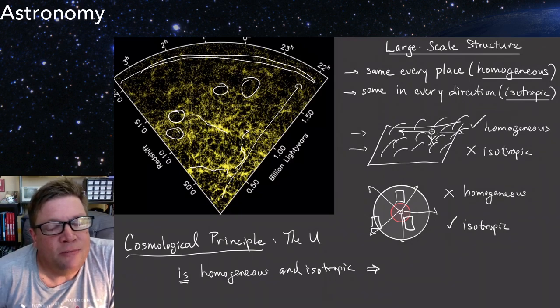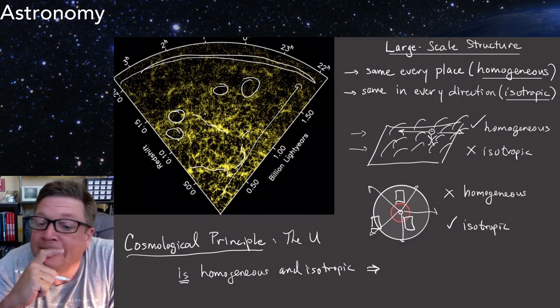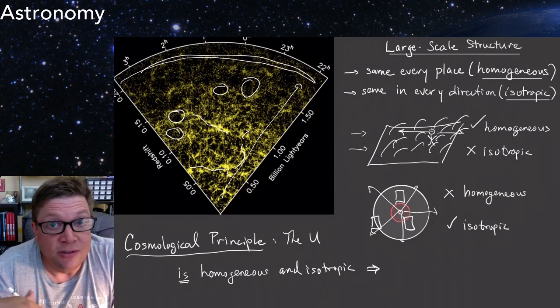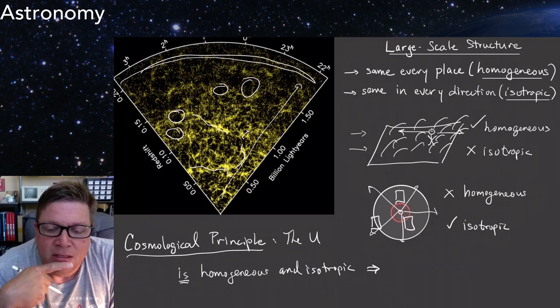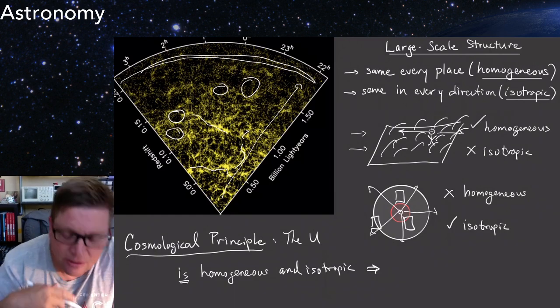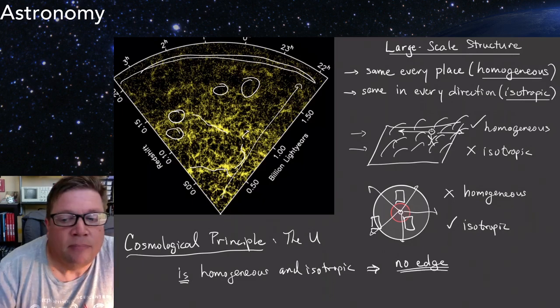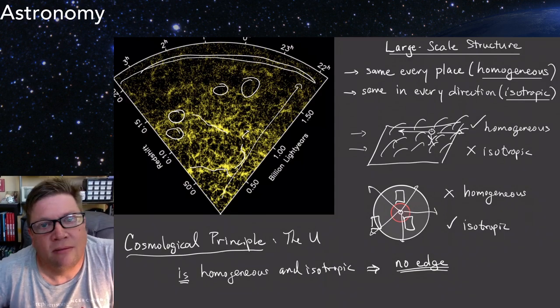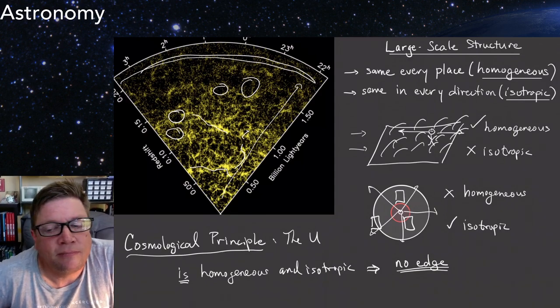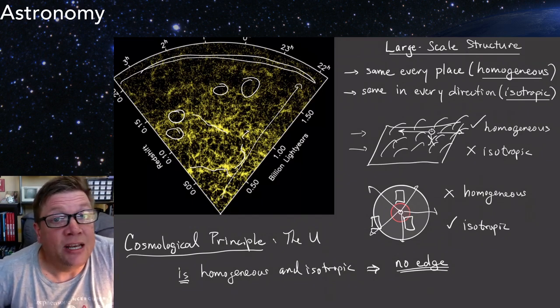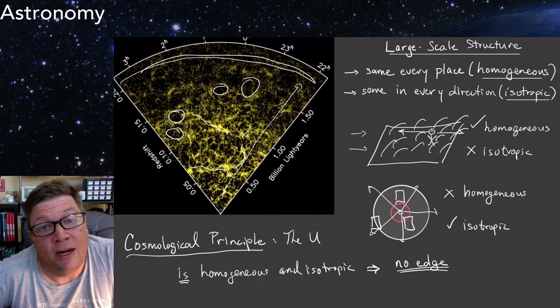And we'll see if we can get this to make more sense, but I'm just going to put this out there. If something is homogeneous and isotropic, that means everyone sees the same pattern, right? Look what this means. This means that there's no edge to the universe. Because what if there was? If there was an edge, then imagine someone right out close to the edge.